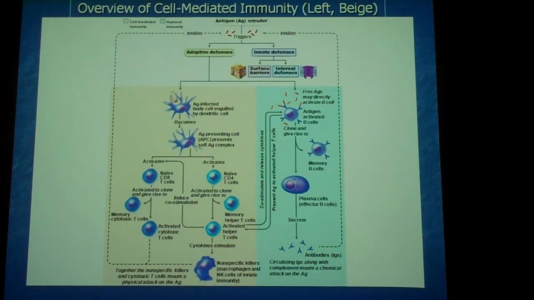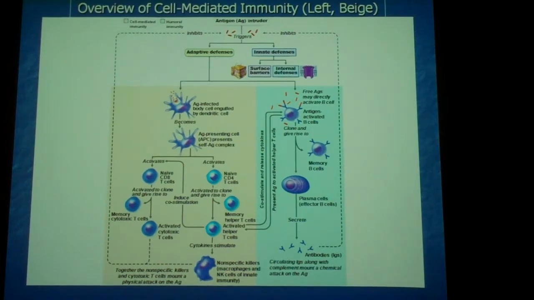We are also sensitizing some helper T cells to this same antigen. Oftentimes, a helper T cell is needed to activate a cytotoxic T cell. So we're going to find out that helper T cells play a very important role. We also make some memory helper T cells.